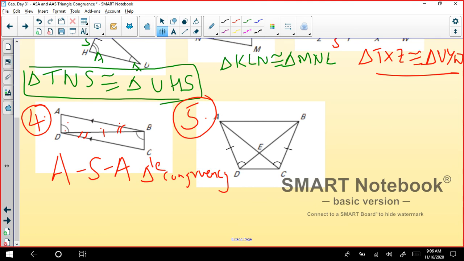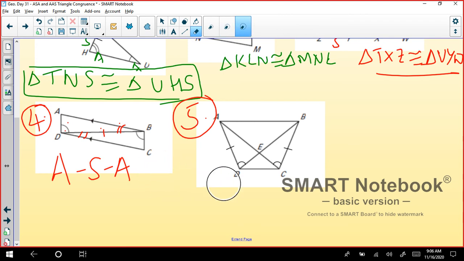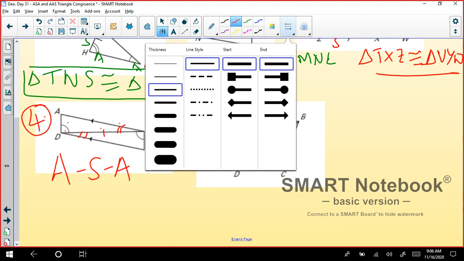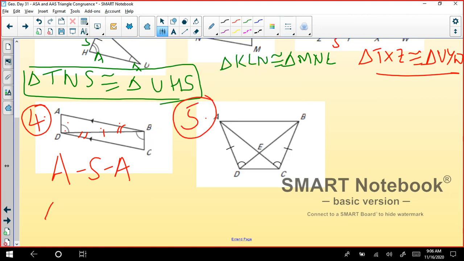Let me not write this as I have not written for others. ASA, triangle congruency postulate, is the correct one. Let's see the statement. I am just writing one of the correct statements. Triangle DAB is congruent to triangle.